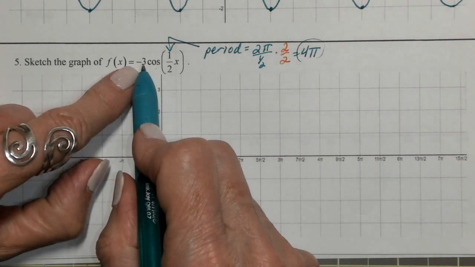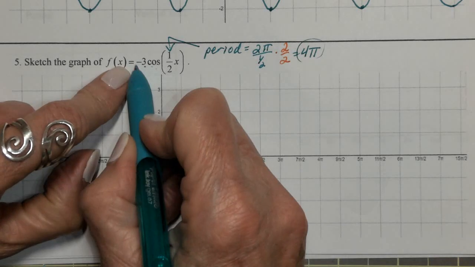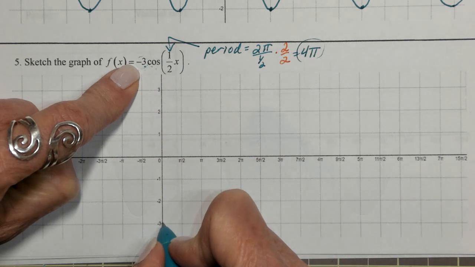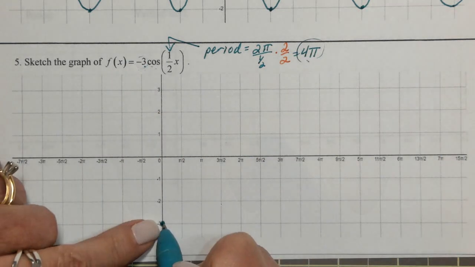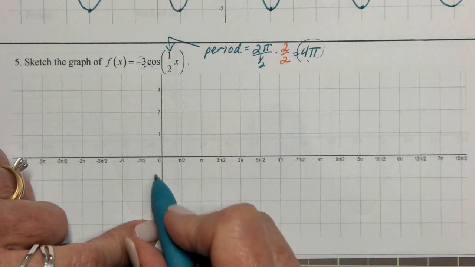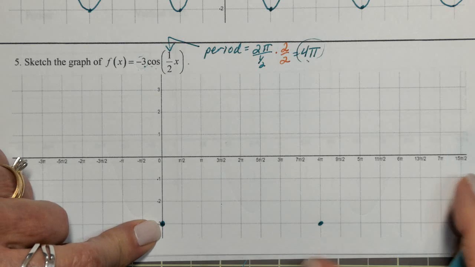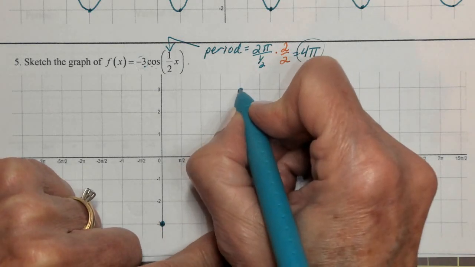So it's cosine. From the origin, since it's cosine, I start down 3. After the period, I'm back to down 3. So at 4 pi, I'm down 3. Halfway through, I'm up 3.